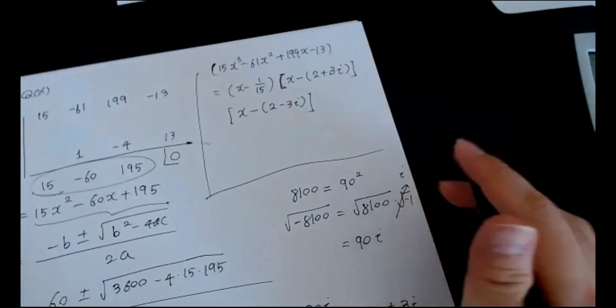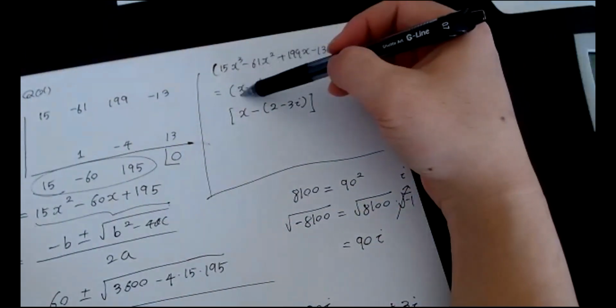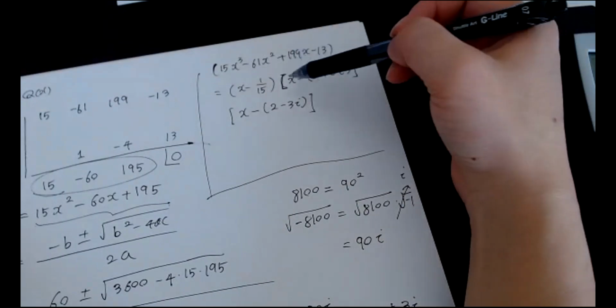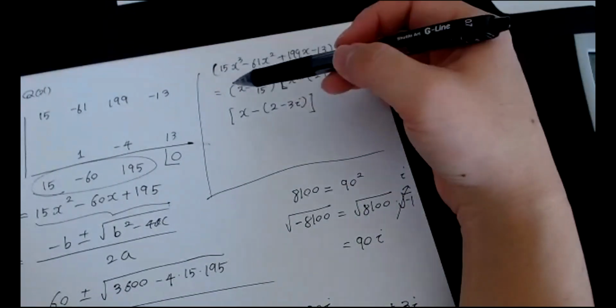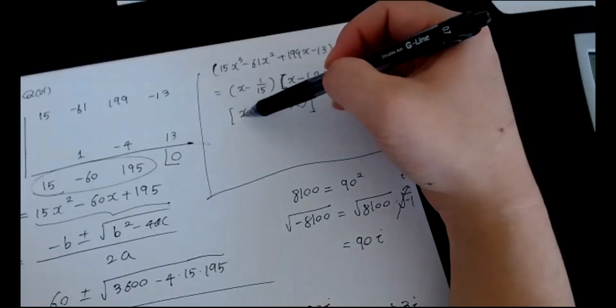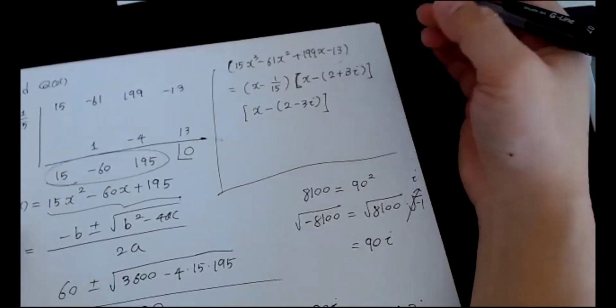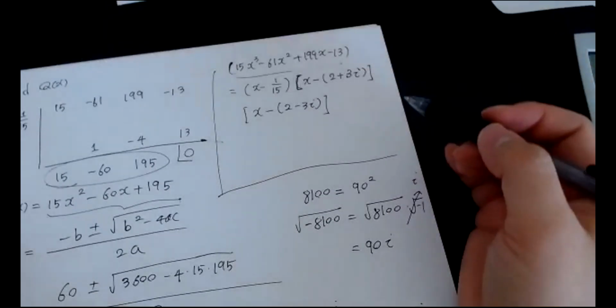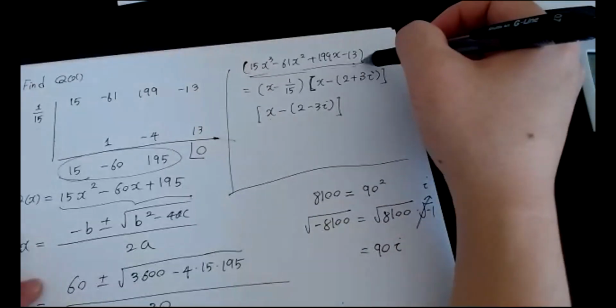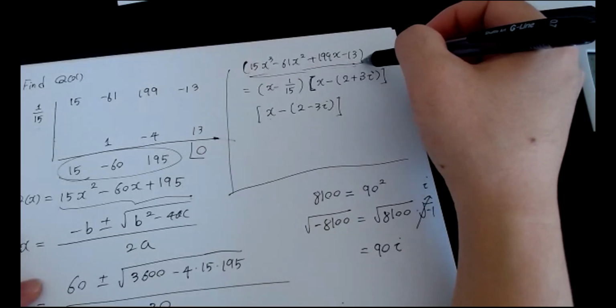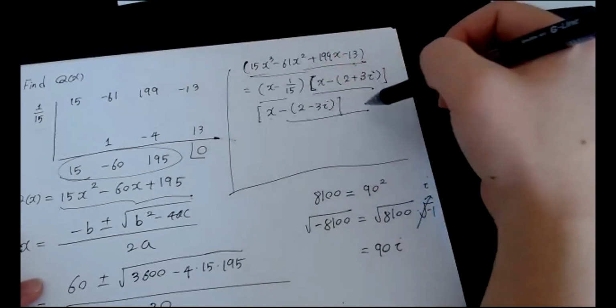So when x is 1/15, that's going to be 0. When x is 2 plus 3i, 0. And when you plug in 2 minus 3i into x, it's going to be 0. The polynomial returns 0. So we completely factored the polynomial as a product of binomials.